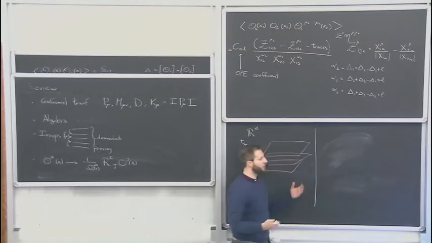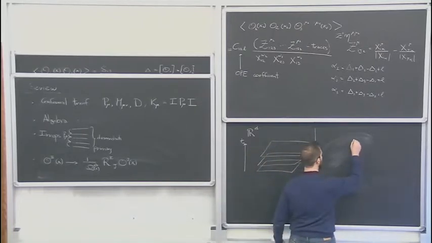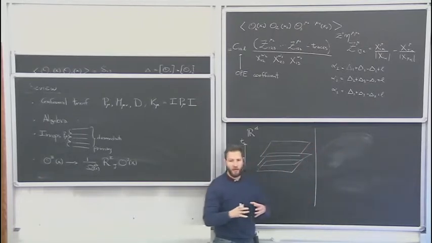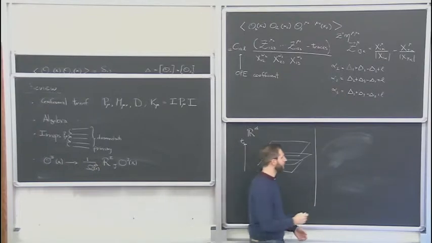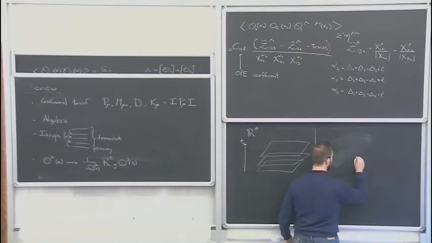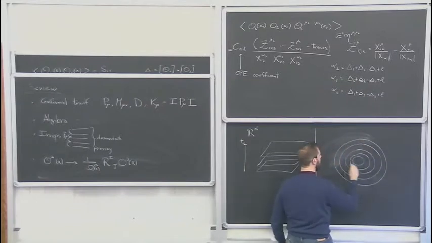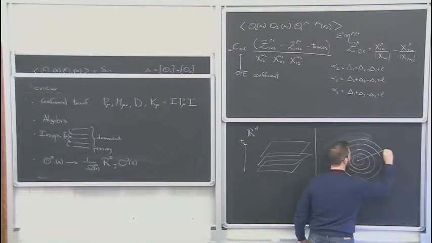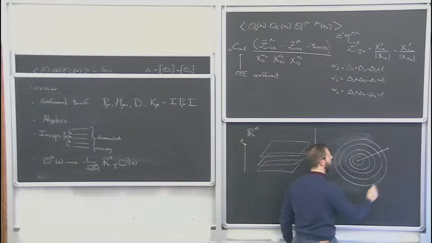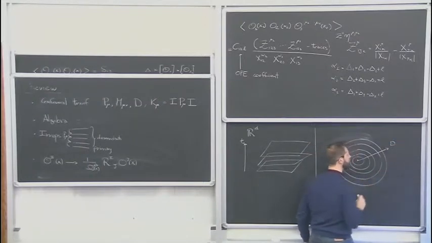Using the dilatation as evolution operator corresponds to the foliation of space-time, which is basically made out of concentric spheres. So we're going to foliate our space-time using concentric spheres, and then use as evolution operator our dilatation operator. Okay.